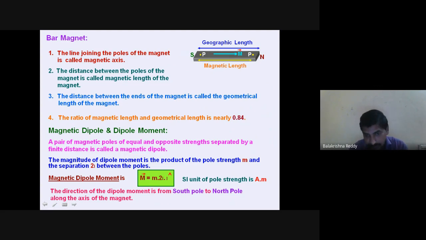Still, you can look here, the units they have written are ampere meters only, taken from the electromagnet. So this is about the bar magnet and magnetic axis, magnetic pole strength, the ratio of the geographic length and magnetic length, and magnetic dipole and dipole moment.